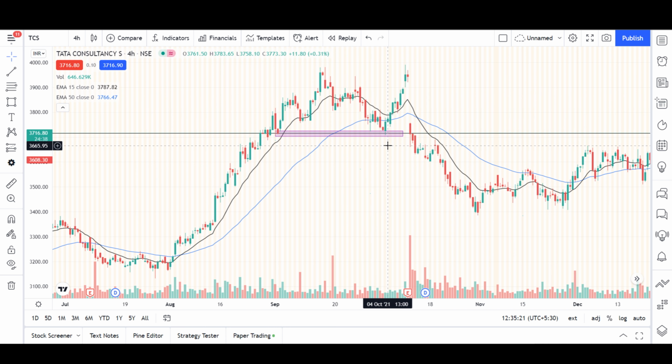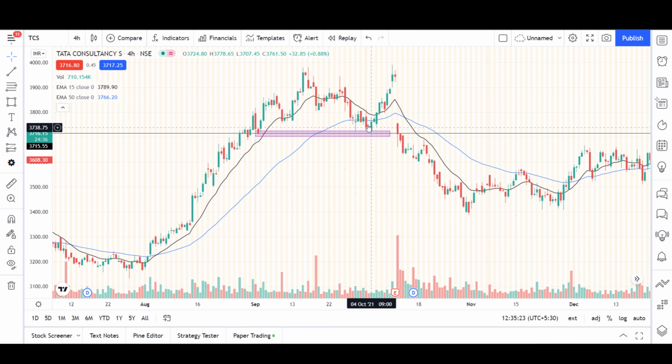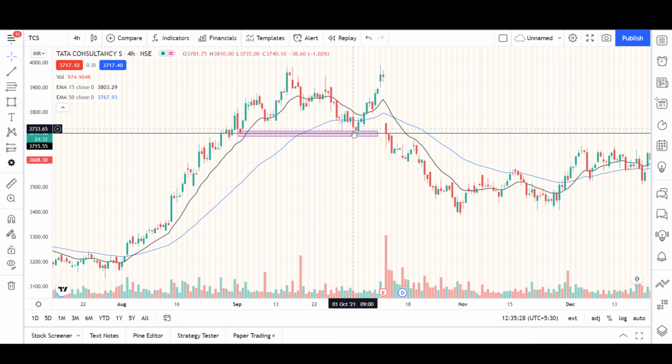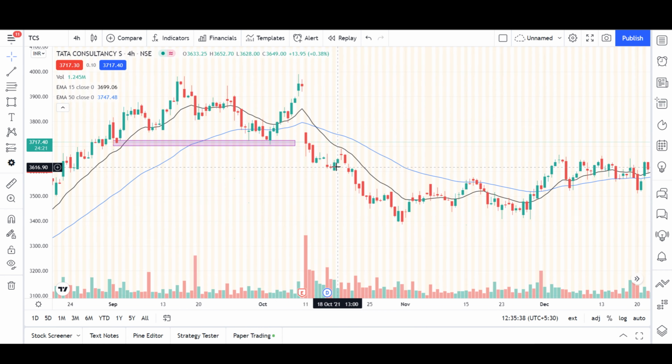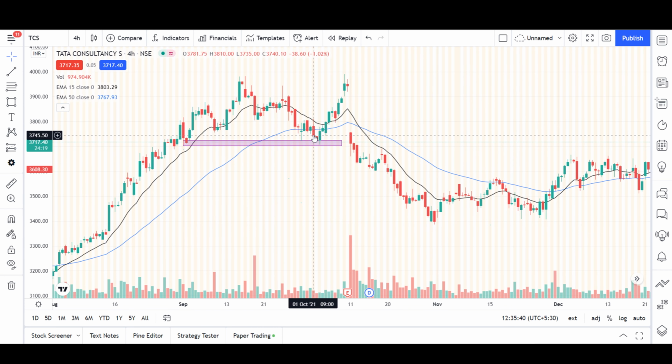And if it breaks the 50 EMA, and let's assume there is no support at this point, then we would exit our trade when it starts to break below the 50 moving average, the blue line.